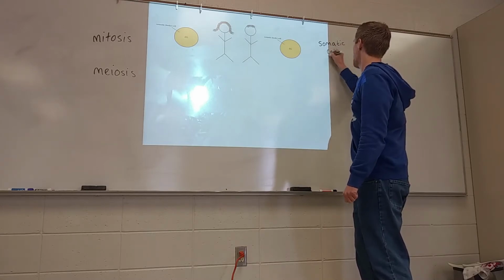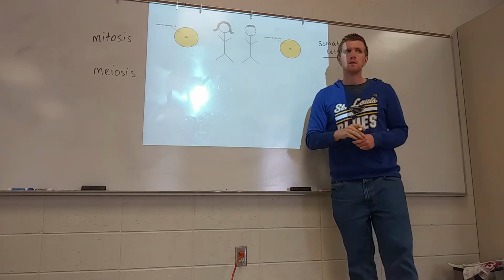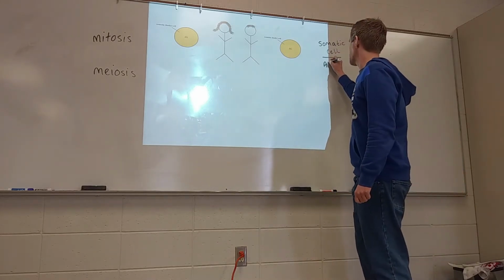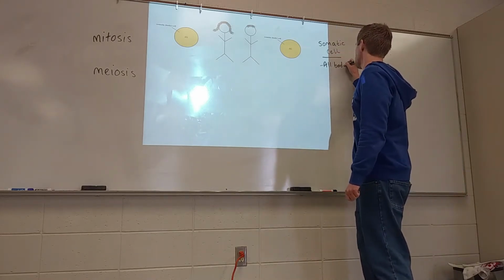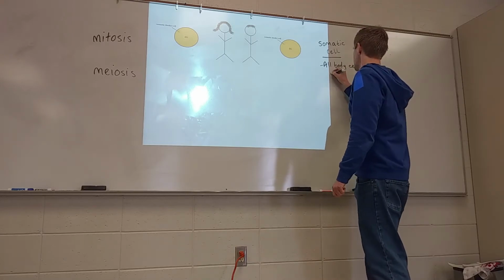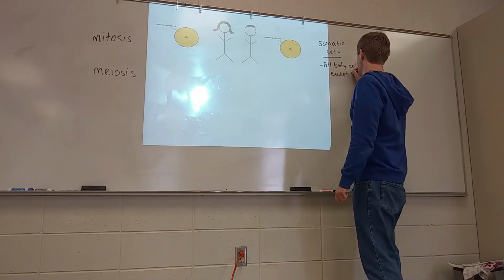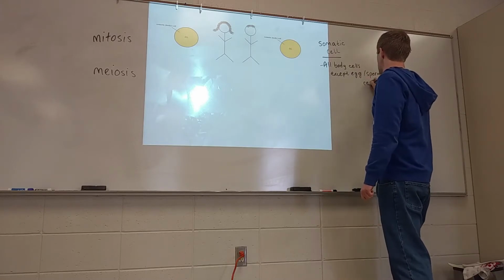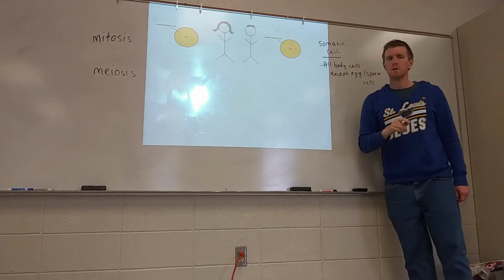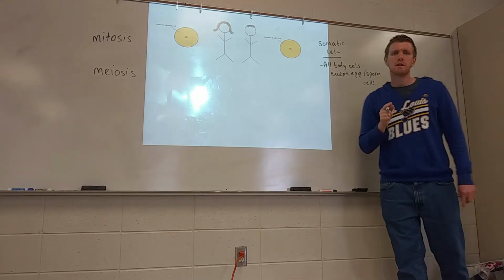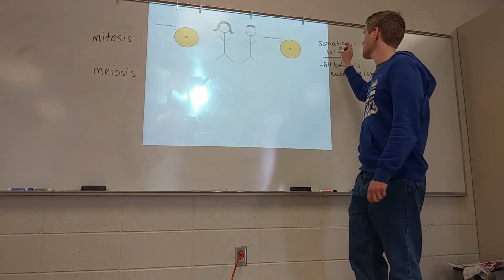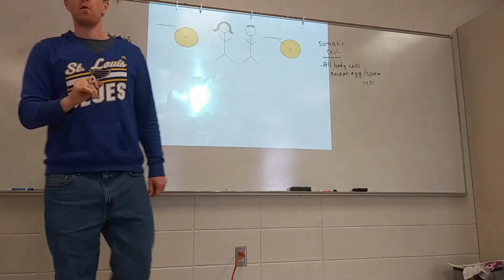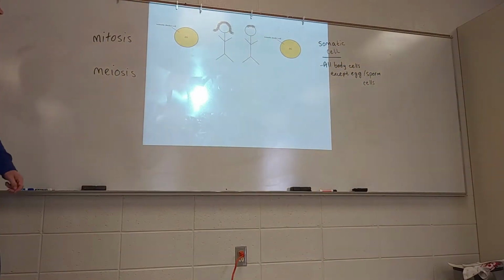This includes all of your body cells except for egg or sperm cells. Your brain cells, blood cells, muscle cells, skin cells, they're all somatic cells. And both the man and the woman up here have the number 46 in one of their somatic cells.